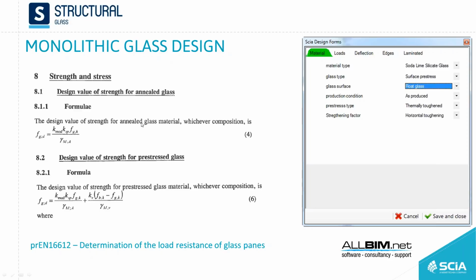And this is only for annealed glass, but usually we want to use prestressed glass, so there can be thermally toughened or thermally strengthened glass, which is far stronger than annealed glass. It can be 3 times stronger. And how is this strength achieved? This is due to a process. When the glass is getting cooled, one of the faces of the glass gets cooled faster than the other. So it will generate some compression forces.